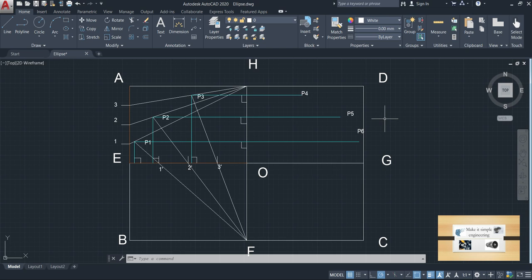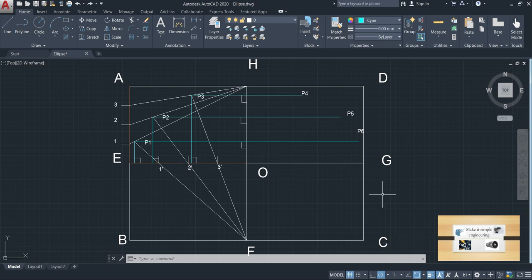Actually the line OH will be bisecting the lines P1 P6, P2 P5 and P3 P4, or otherwise the perpendicular distance from P1 to OH will be equal to the perpendicular distance from P6 to OH. Likewise, similarly you have to extend the 3 points.